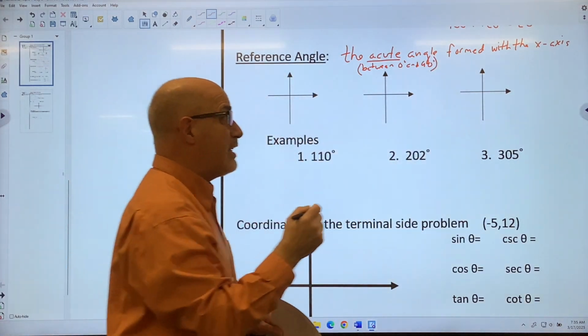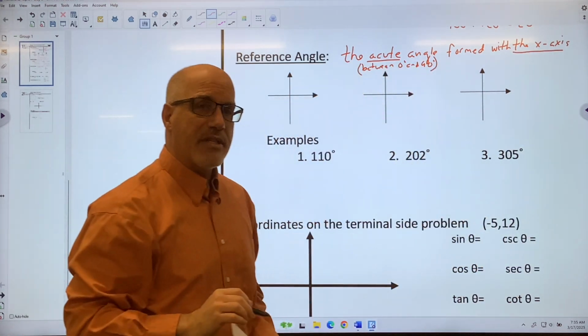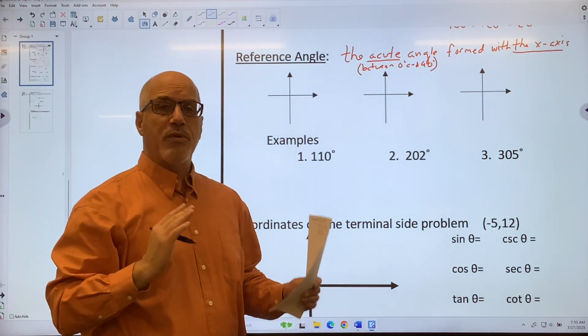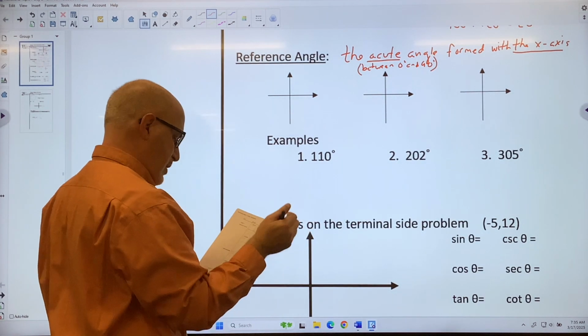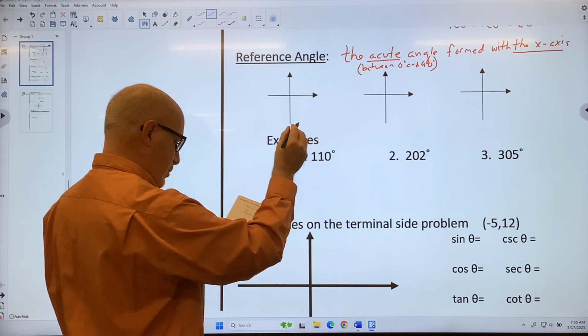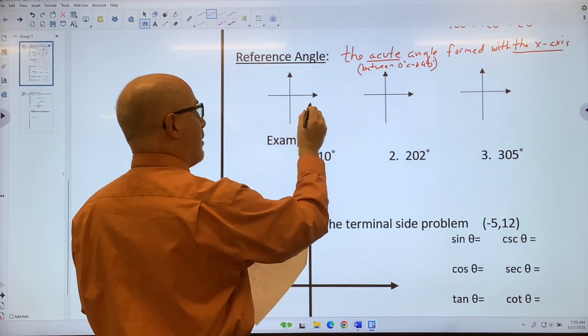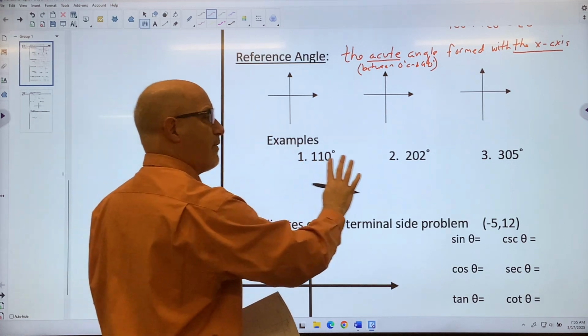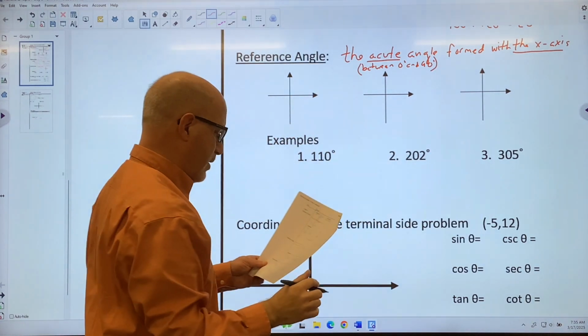Now, please recognize, I'm going to underline the x-axis because a common mistake here is finding the angle with the y-axis. Let me show you what this looks like in some of the different quadrants.